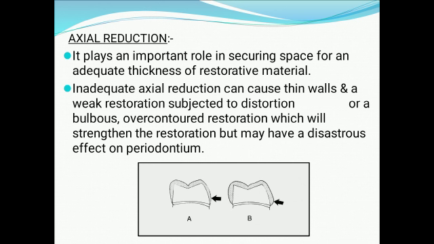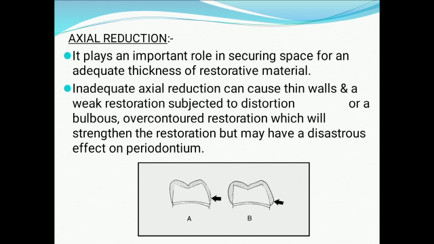Inadequate axial reduction can cause thin walls and a weak restoration subjected to distortion, or a bulky overcontoured restoration which will strengthen the restoration but may have a detrimental effect on the periodontium.